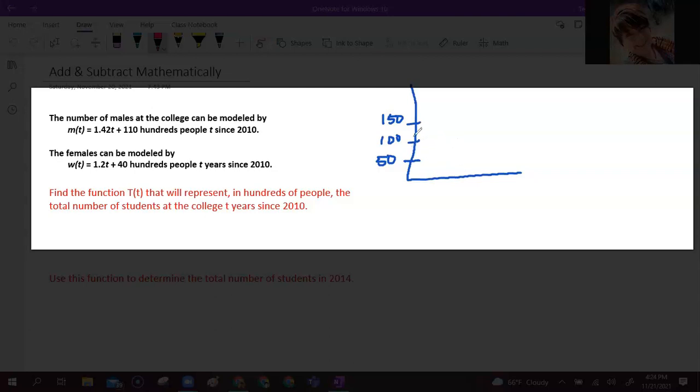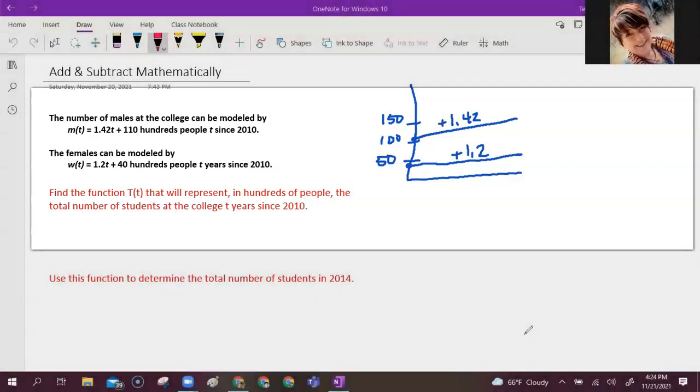So my y-intercept is 110, and then it's showing me a slight slope, gradually going up. And then we have the females that started at a y-intercept of 40, and they are gradually going up. The males are going up at a rate of positive 1.42, and the females are going up at a rate of positive 1.2. And all this is taking place in T years since 2010.